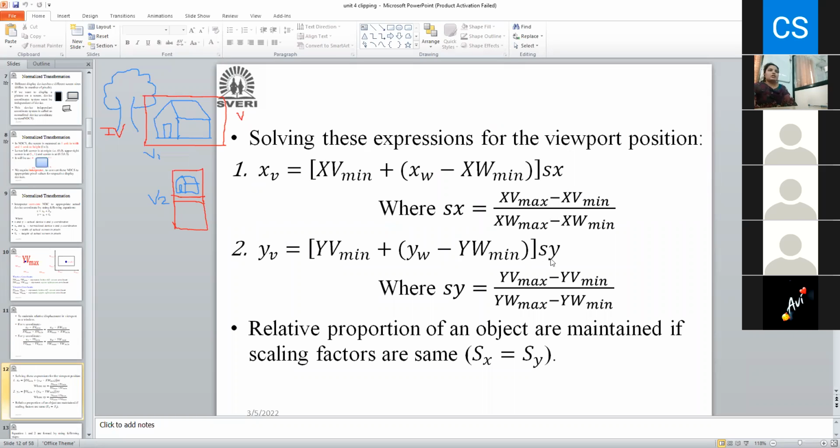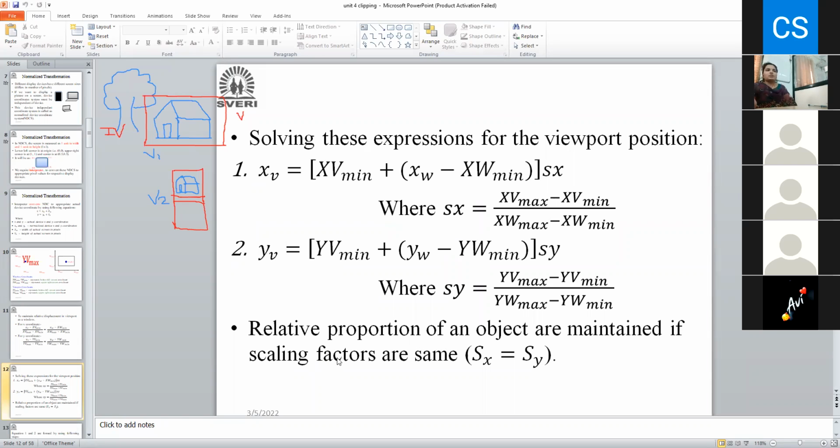So we have sx and sy, which are the ratio between the viewport and window. If sx and sy are the same, then as we saw in scaling, uniform scaling takes place.